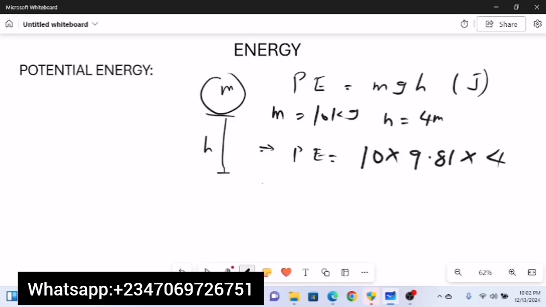So if you multiply this all through, you obtain the potential energy: 10 multiplied by 9.81 multiplied by 4. This simply gives us 392.4 joules. So this becomes the potential energy possessed by an object of 10 kg mass, which is at a height of 4 meters.